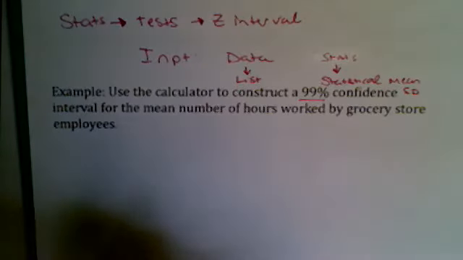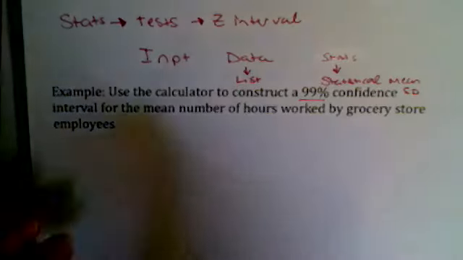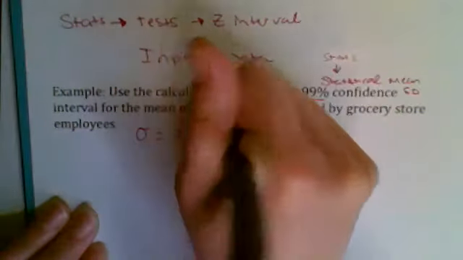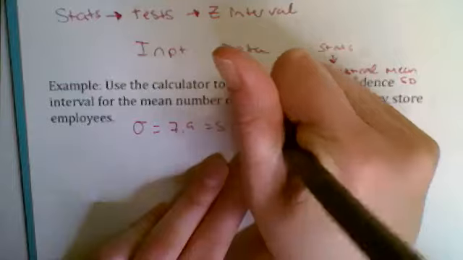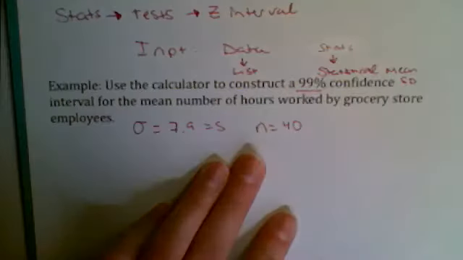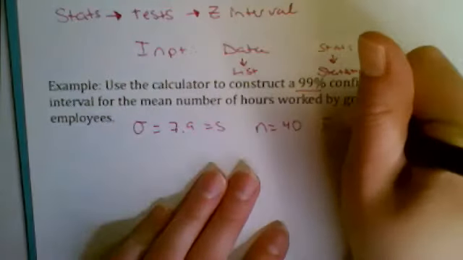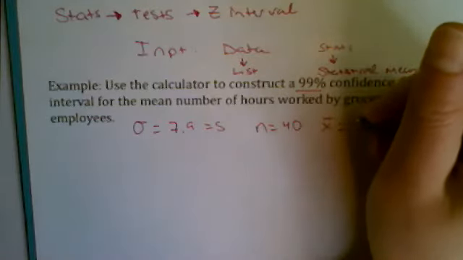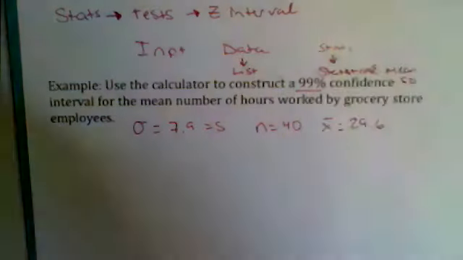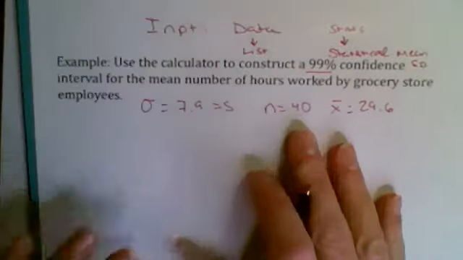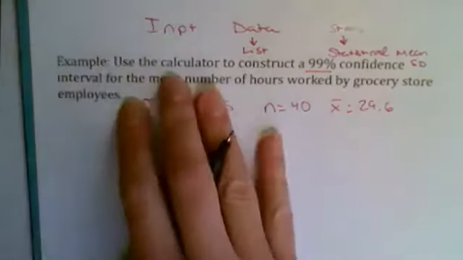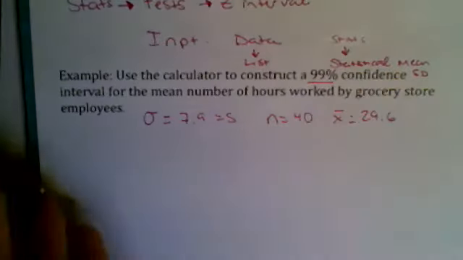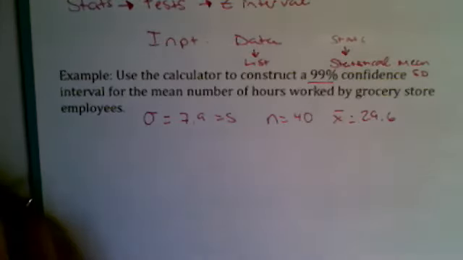Our sigma that we had was 7.9. Our n was 40. We had X bar was 29.6. Go ahead and hit stats, tests, Z interval, and then click on stats, and type in the information where it is needed.